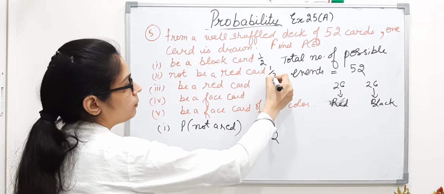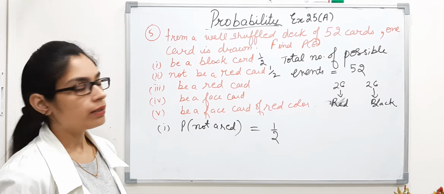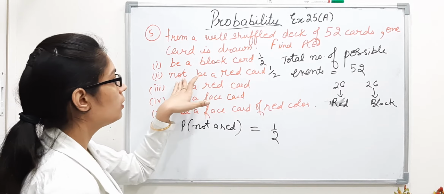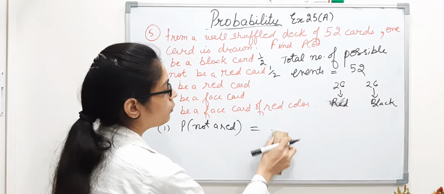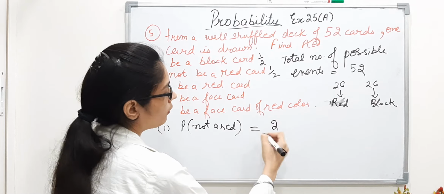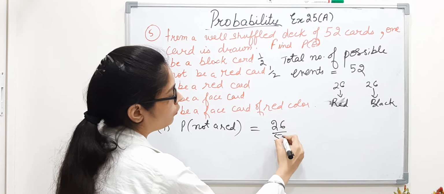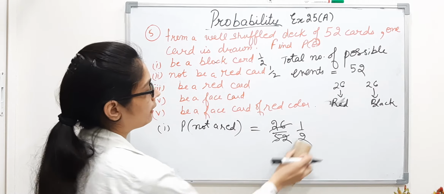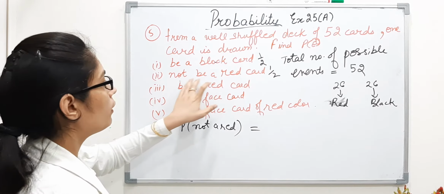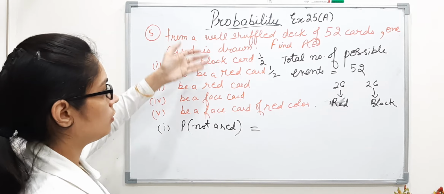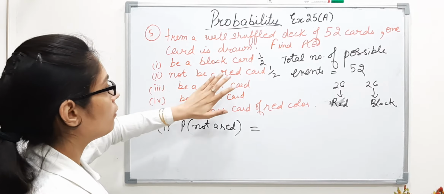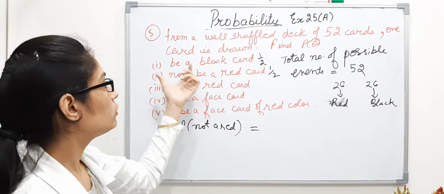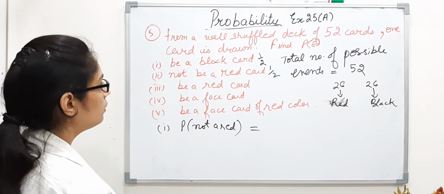So again it will be 1 by 2. Directly you can write, or if you want you can solve it, because not red color means 26 by 52 and it will be 1 by 2. So better to just write not a red card equals black card, which means the probability will be equal to the probability of a black card.